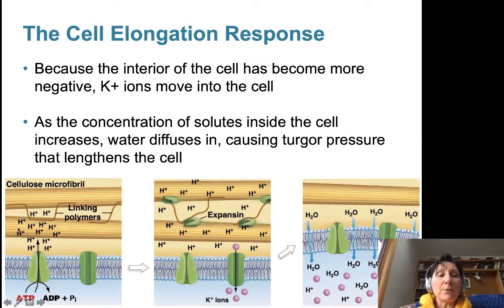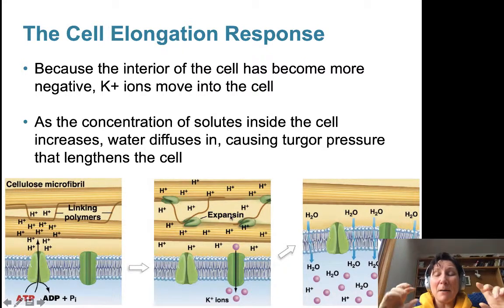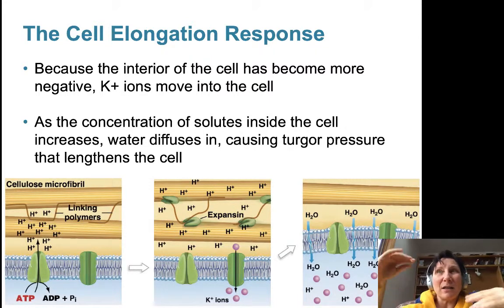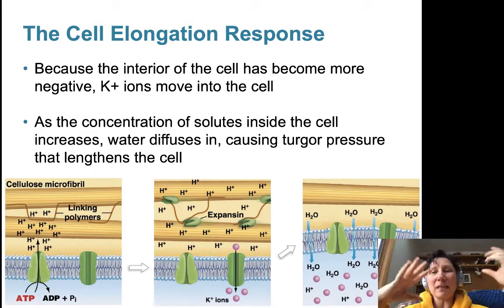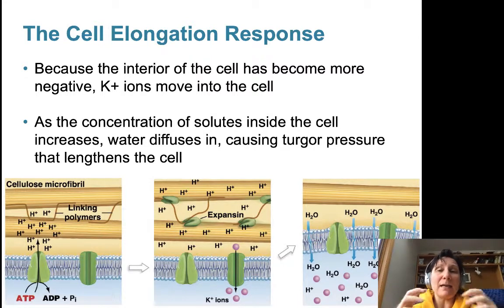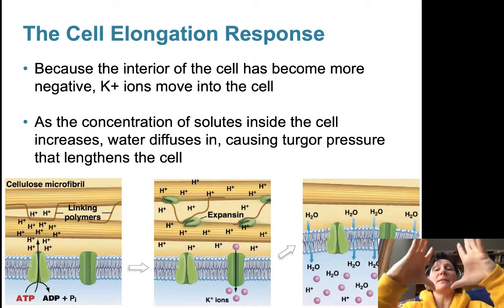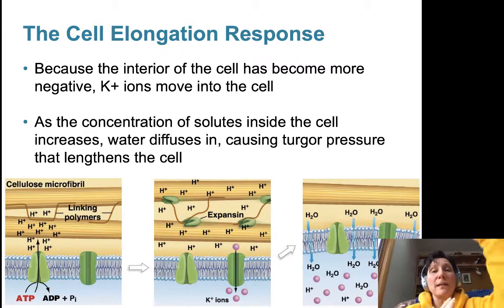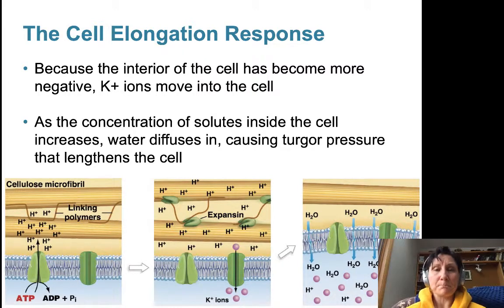So you've got protons pumping out, which acidifies the cell wall. That acidification and the interaction with expansins is going to cause the cell wall to loosen up, to get less rigid. And then with the changing solute concentration inside the cell and water moving in as a result of that, it's going to cause turgor pressure, which then makes the cell expand, and that's where the elongation is going to come from.